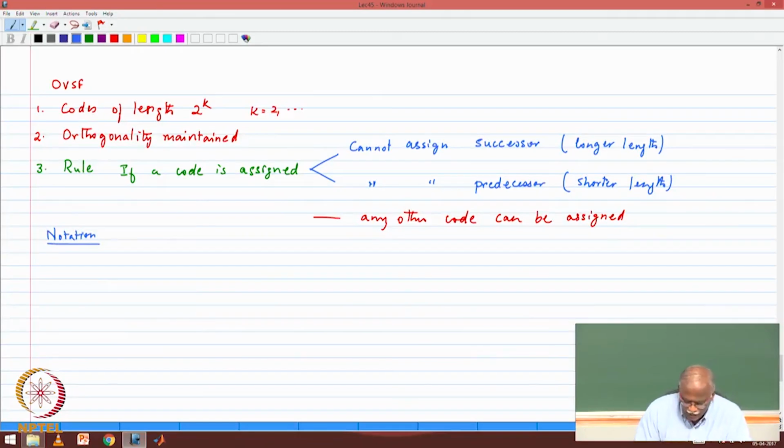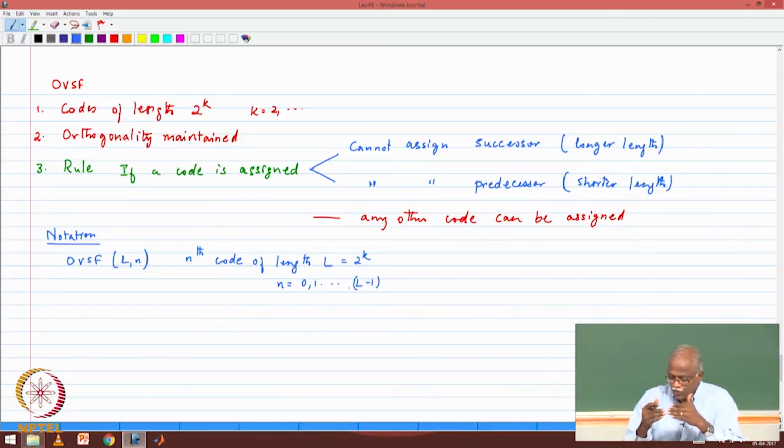OVSF L comma N means this is the nth code of length L, where L is some power of 2, and N itself can be 0, 1, all the way to L minus 1.